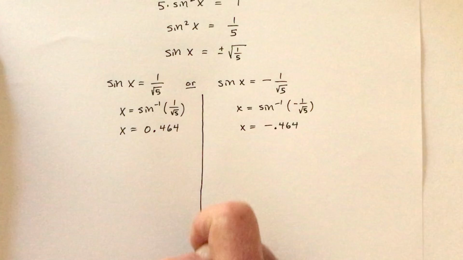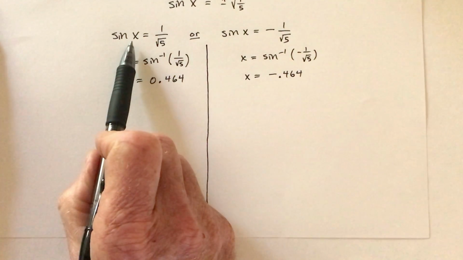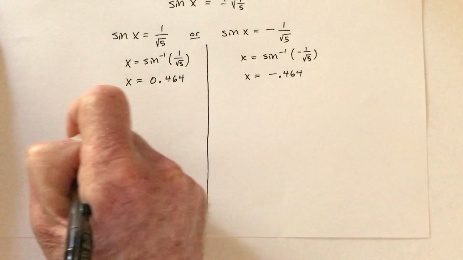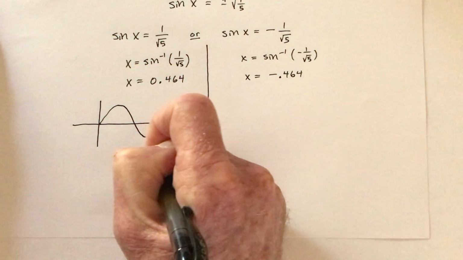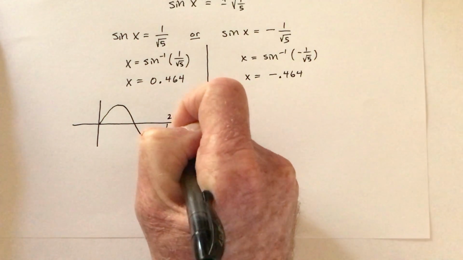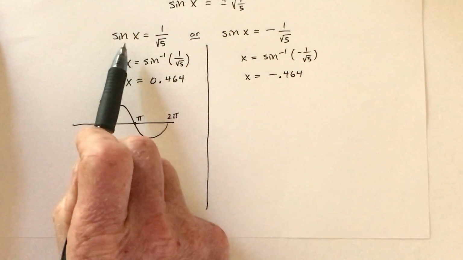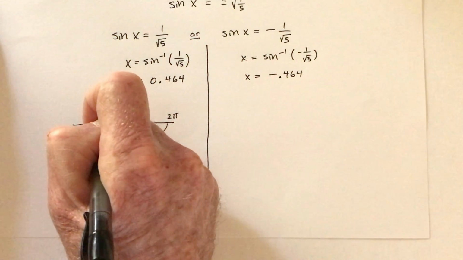Now what I do is keep these separate. And basically, this is saying, look at the sine graph. So the sine graph looks like this from 0 to 2 pi. Right here is 2 pi. Right here is pi. And it was saying, when you look at the sine graph, when does it equal 1 over square root of 5?